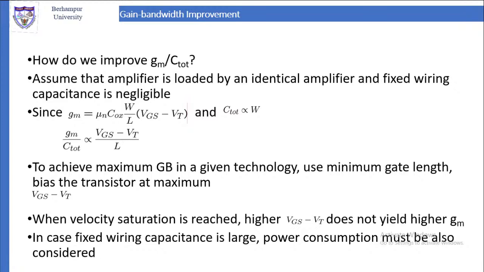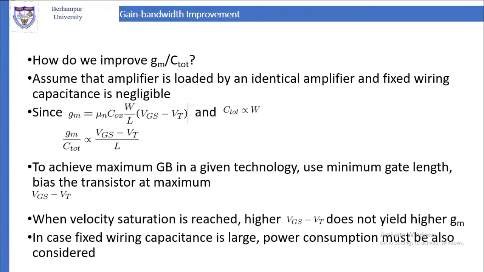Since GM is proportional to W and C total is proportional to W, in their ratio there won't be any W. Suppose X is proportional to A and Y is proportional to A. Then X is equal to MA, Y is equal to NA, so X by Y is equal to M by N, and A will cancel out.